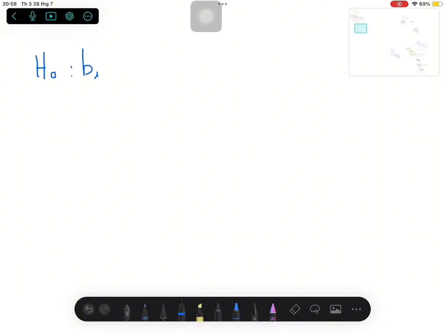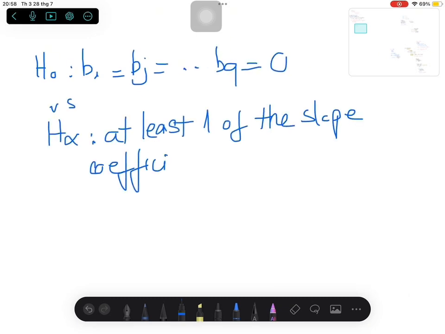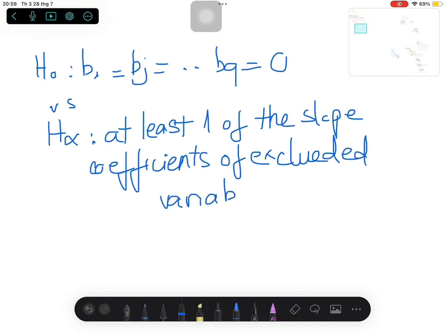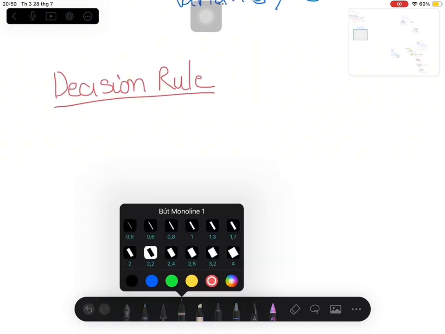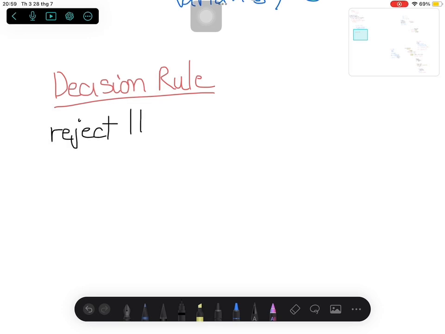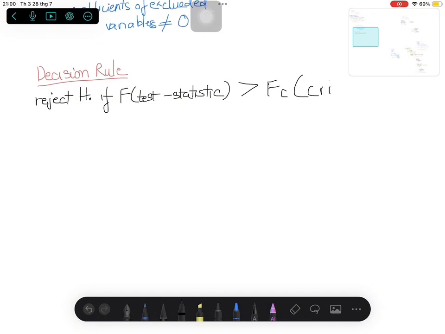The null hypothesis says the excluded variables provide no additional explanatory power. The alternative says at least one of them improves the model. If the calculated F statistic exceeds the critical value, we reject the null hypothesis. That means the excluded variables collectively matter and should remain in the model.